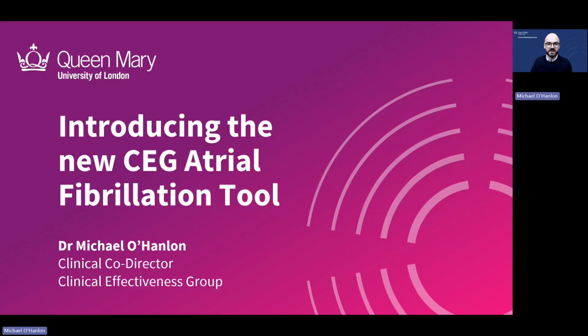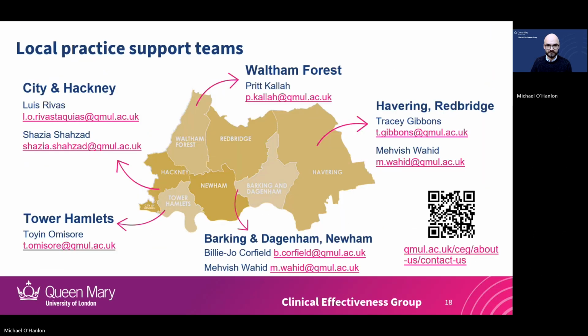We do have a question in the Q&A. Does the search pick up exception codes? Yes, so the search brings in your entire AF cohort. The report will pick up exceptions around anticoagulation prescribing and contraindications around anticoagulant prescribing.